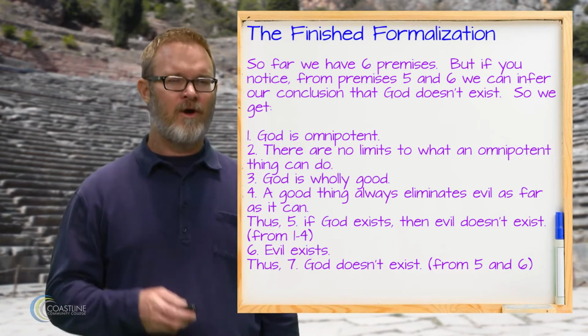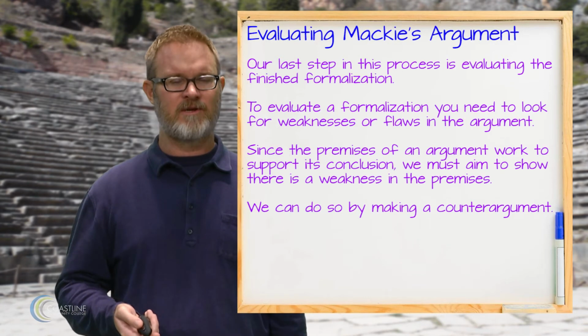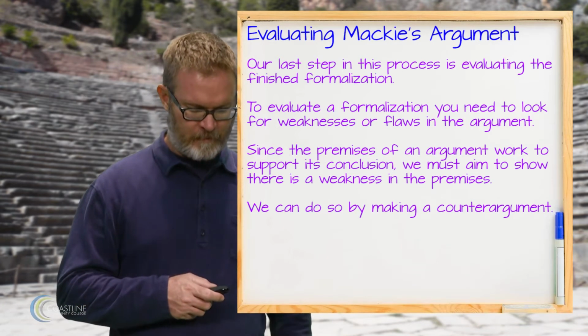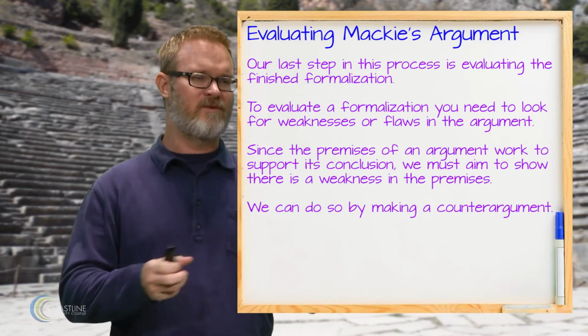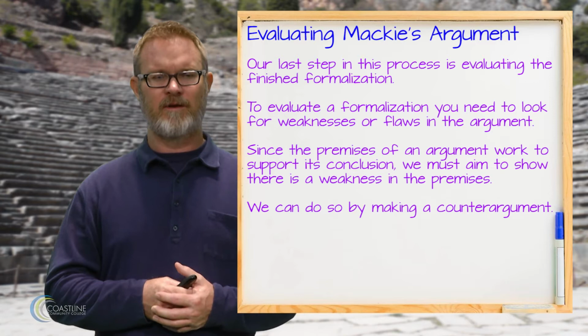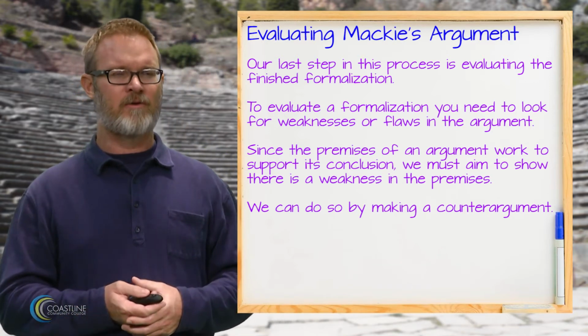Okay, so we have our argument then. We have 6 premises and a conclusion. So now the next step in the process is to evaluate the argument. So this is where we develop what's called a counter argument.